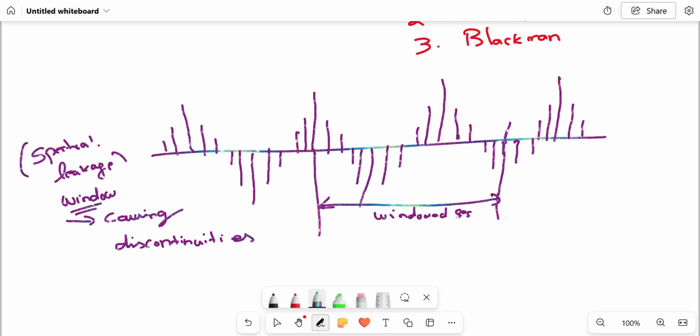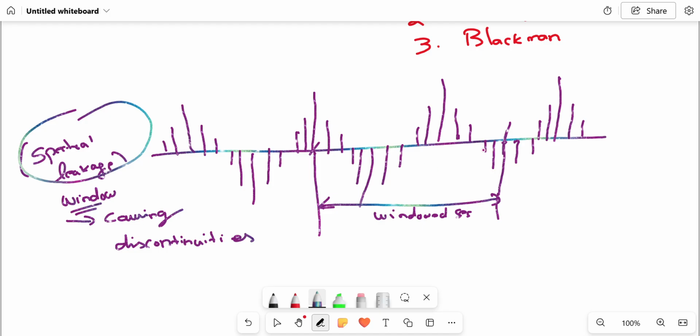This phenomenon is known as spectral leakage. What do you mean by window technique? We are truncating the infinite sequence into a finite sequence, which causes discontinuities at the boundaries, which results in non-zero spectral coefficients at all frequencies. So this phenomenon is known as spectral leakage.